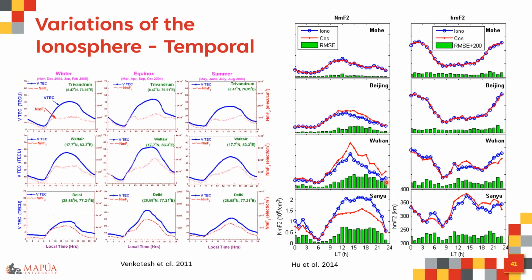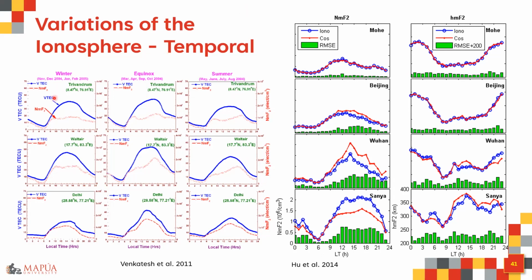This is also observed in India. So this first row is in Trivandrum, 8 degrees north. Vizag is 17 degrees north. And then New Delhi is 28 degrees north. So going down a row, top to bottom, you go further north.